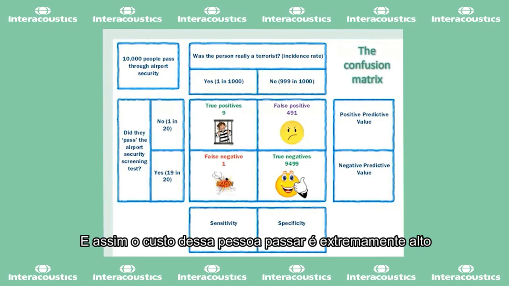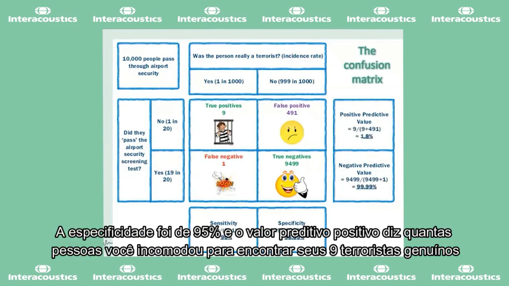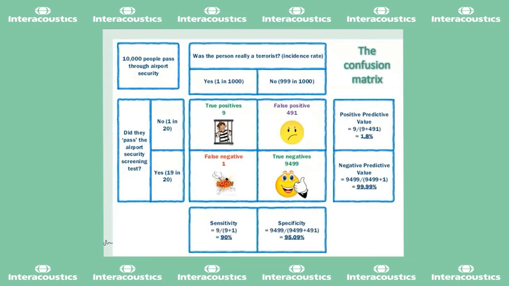And so the cost of that one person getting through is extremely high. And so the numbers that fall out then tell us that the sensitivity was 90%, the specificity was 95%, and the positive predictive value tells you how many people you've inconvenienced in order to find your 9 genuine terrorists.